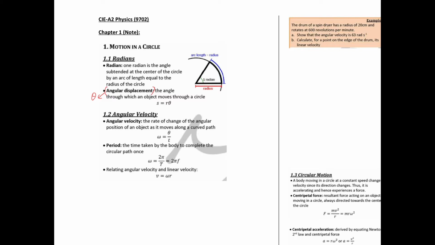S equal to R theta, where we learned this in maths last time. So the angular displacement is actually the theta. It is the angle in radian, and R is the radius of the circle, and S is the arc length.